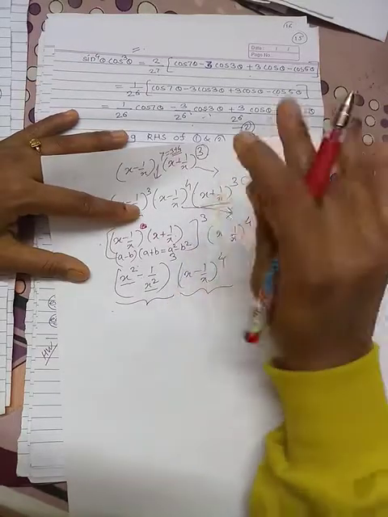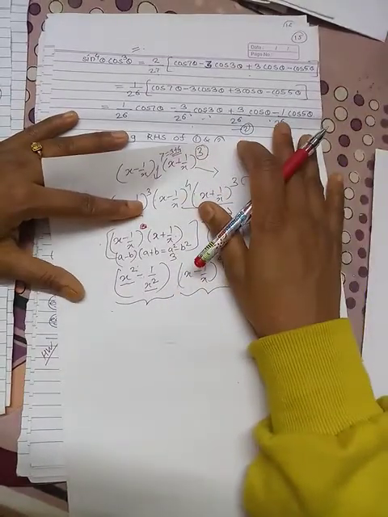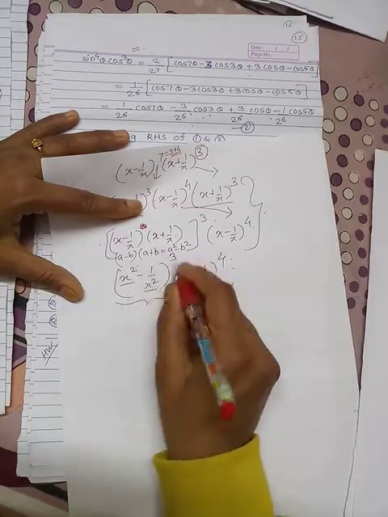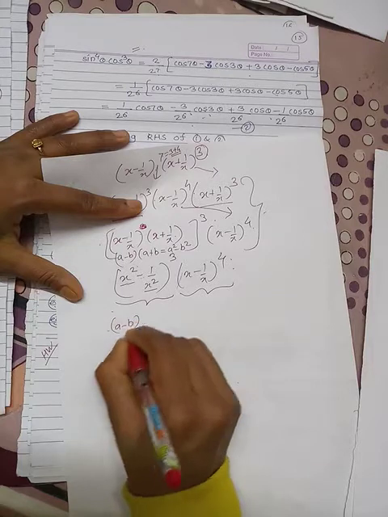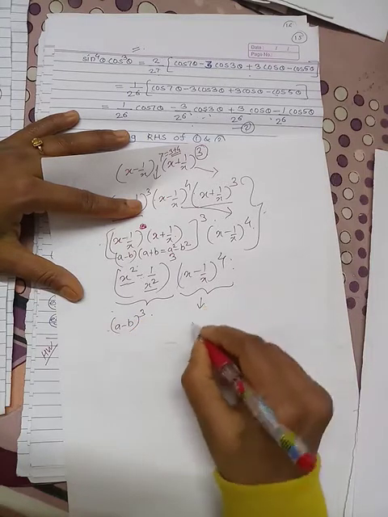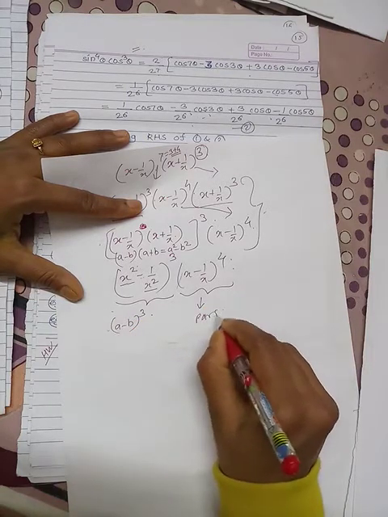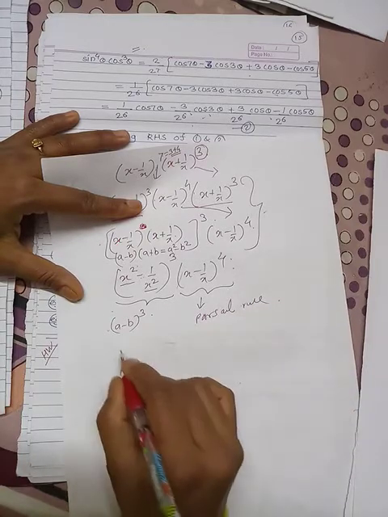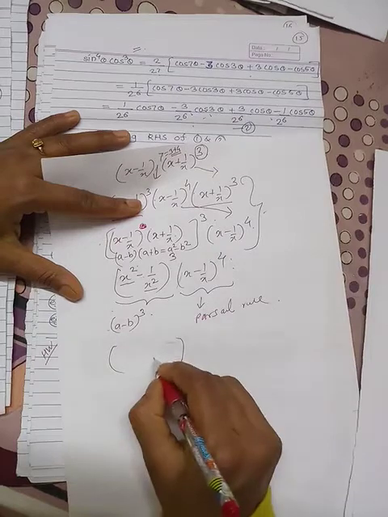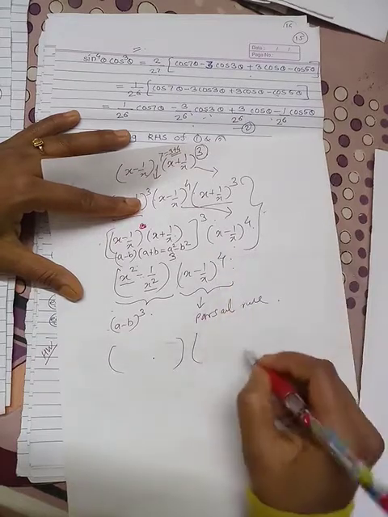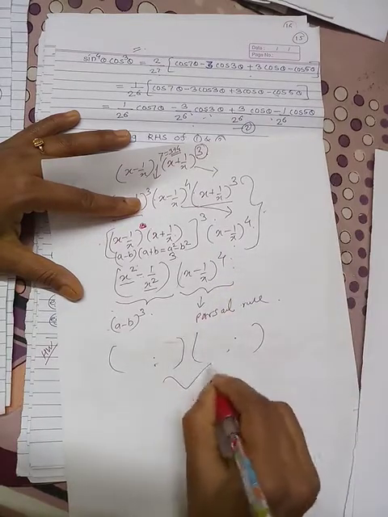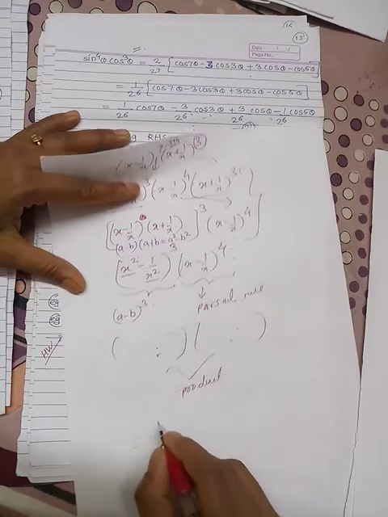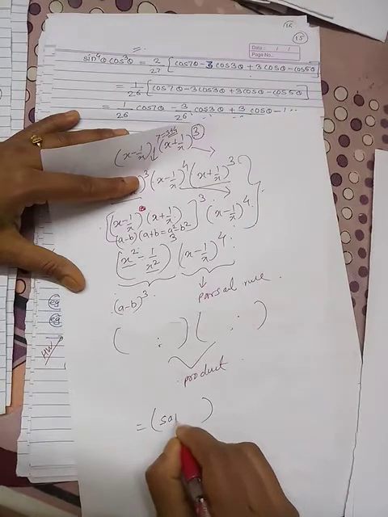The rest of these steps you can do as a homework example. So for cube you can use a minus b bracket cube formula, and for fourth power you can use Pascal rule. Expand this cube in this first bracket, expand this fourth power in the second bracket, and then take the product and merge the same power terms.